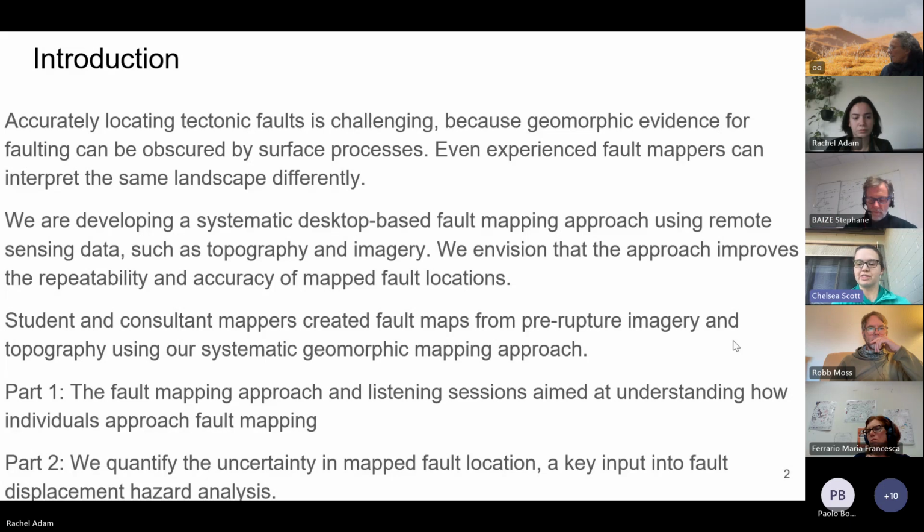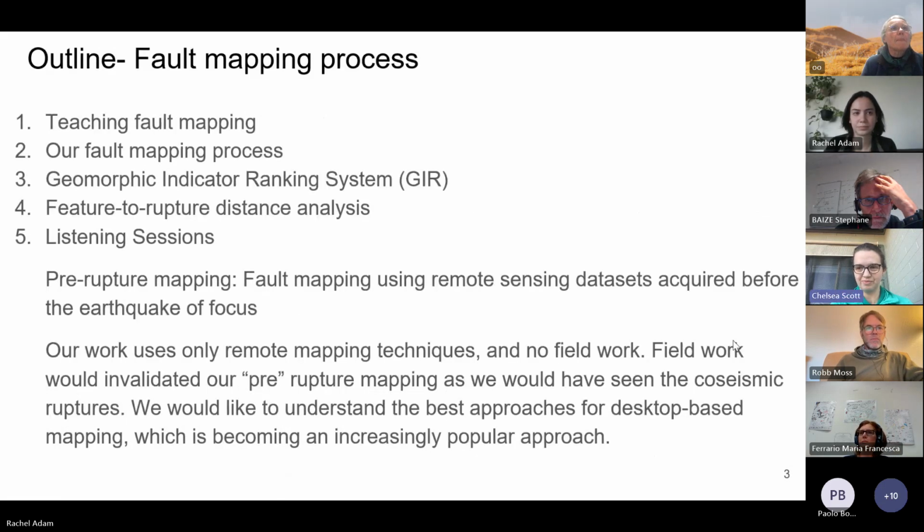And then I will give the second part of the presentation that will focus on the uncertainty in the location of mapped faults, and this is a key input into fault displacement hazard analysis.